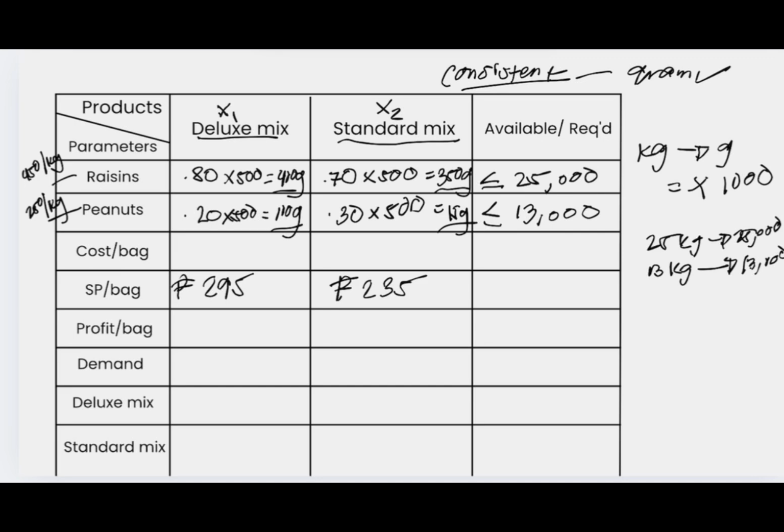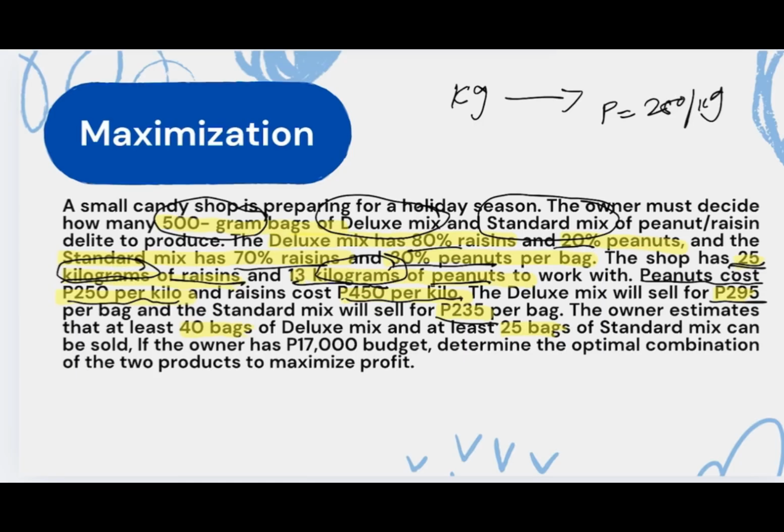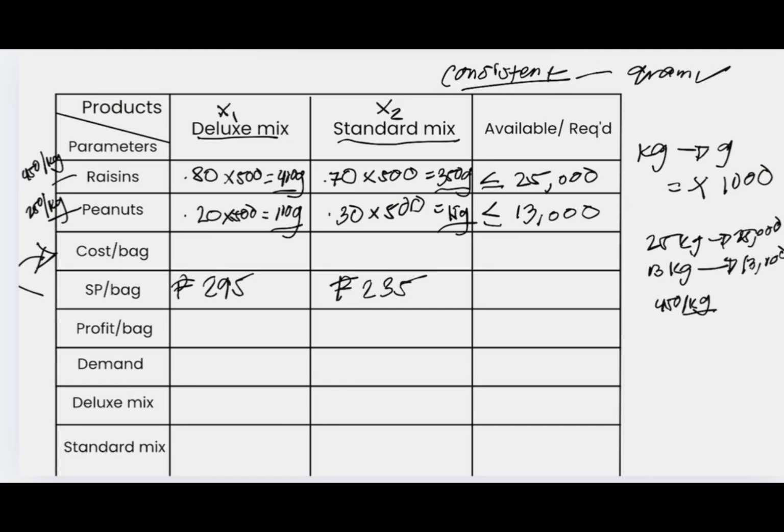Before that, we have to compute for the cost. How do we get the cost per bag? All we have to do is divide. Earlier we multiplied by 1,000, now we divide by 1,000.